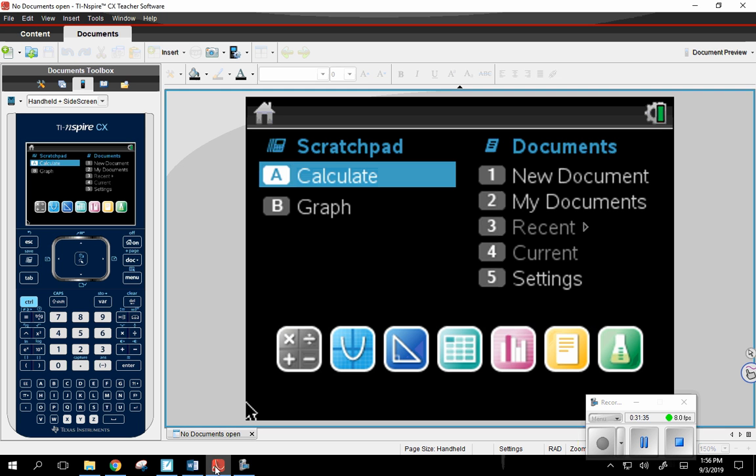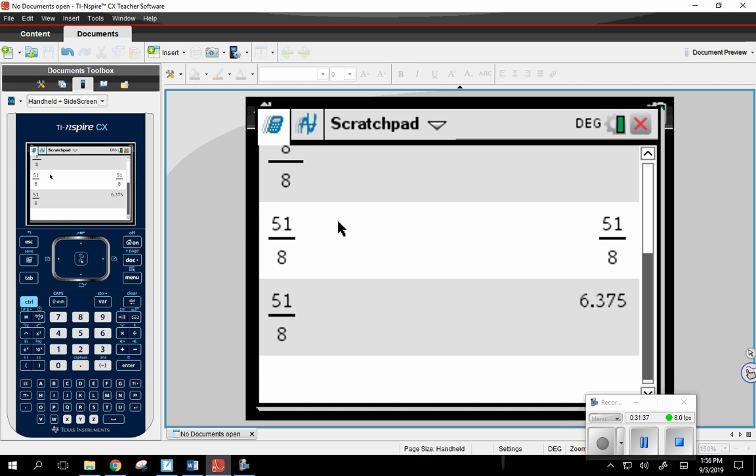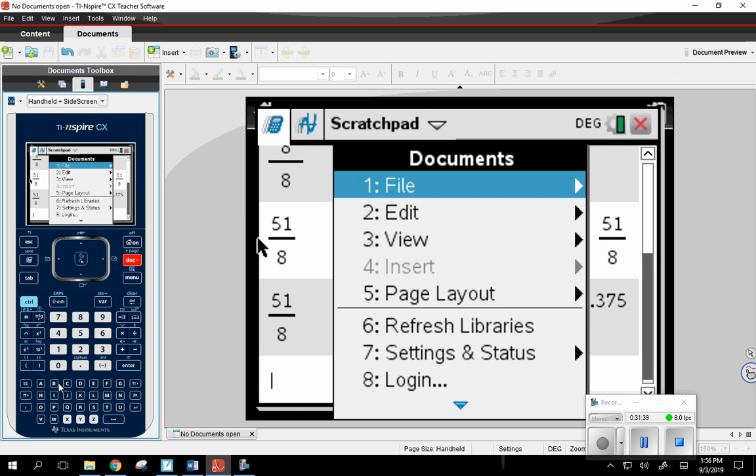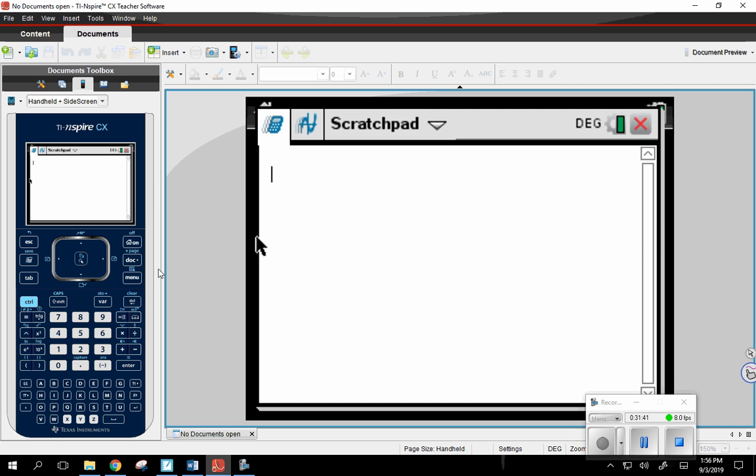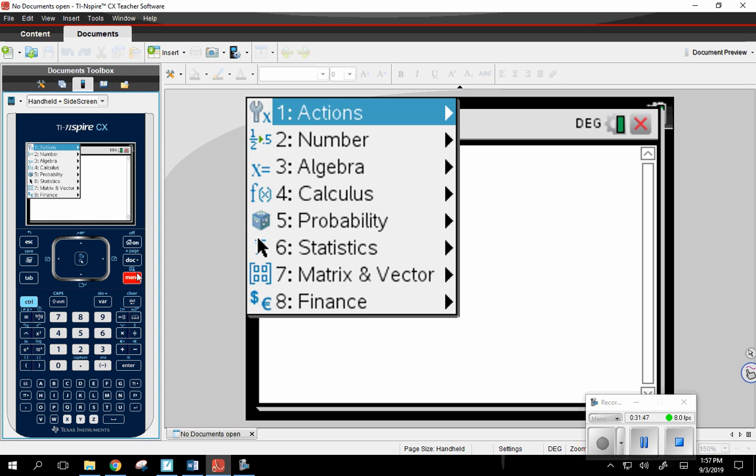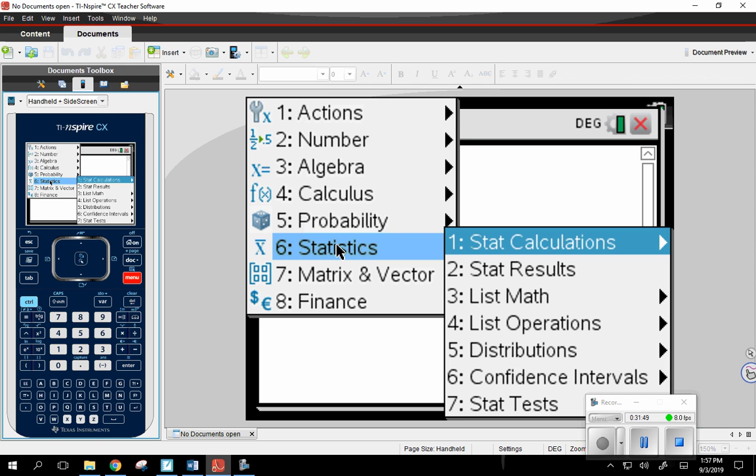Okay, so let's come on over here. Calculate. Now, if you want to find the percentage of your data below a normal distribution curve, I'm going to hit menu, and go to statistics. Where do you think I'm going to go from here? Remember, what's the name of our topic today?